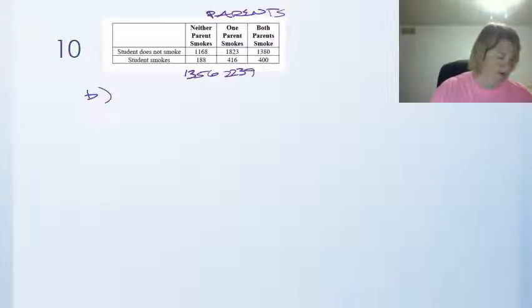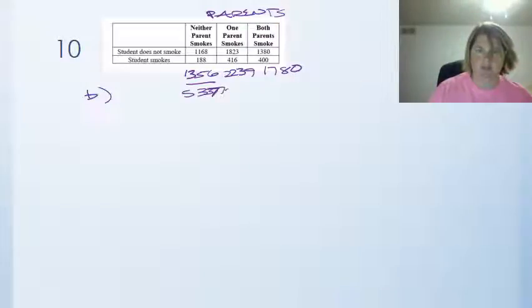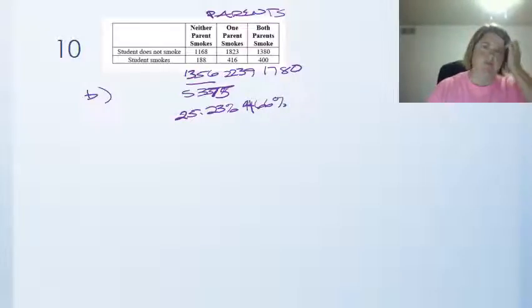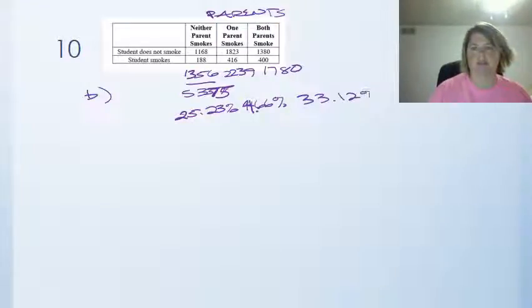And then add up the last two numbers and you get 1780. So those are the counts. And then to find the percents, you take the counts and divide them by the total. So you do that for each of these. Sorry, that's a 7.5. And so our percents are 25.23%, 41.66%, and 33.12%.